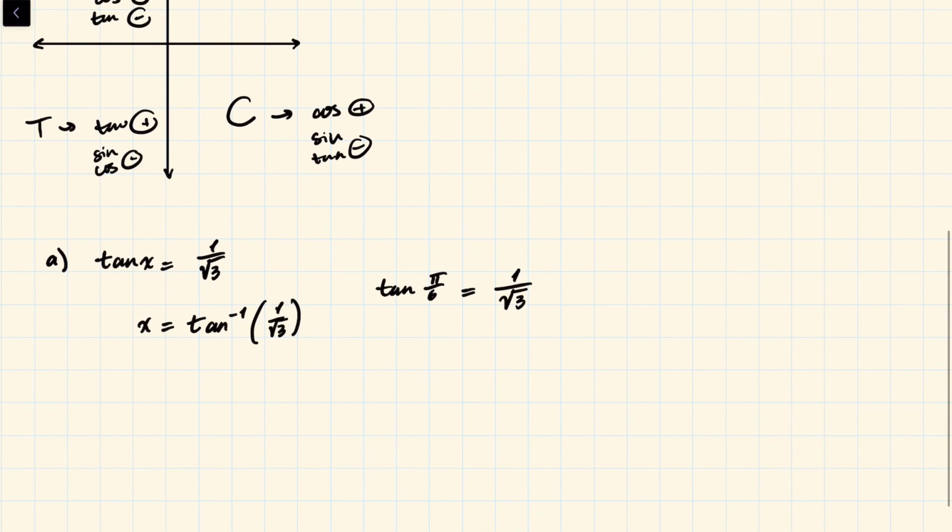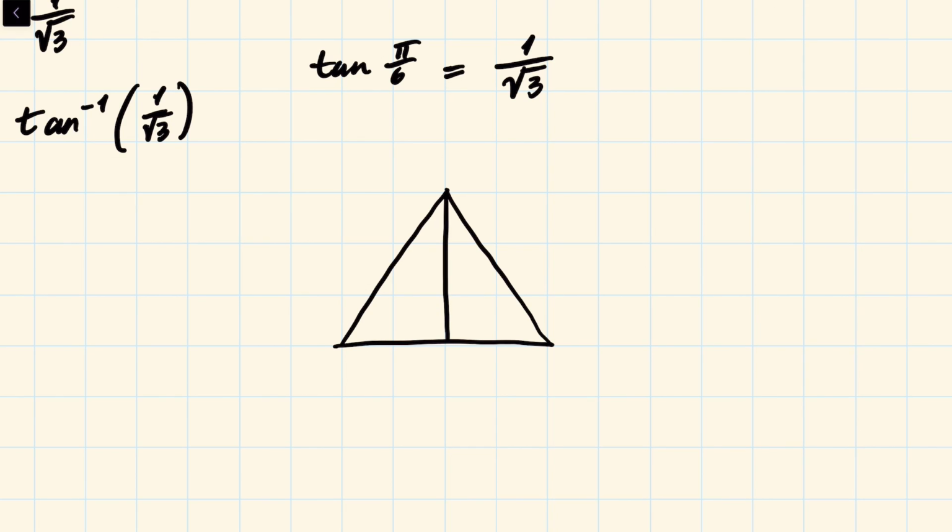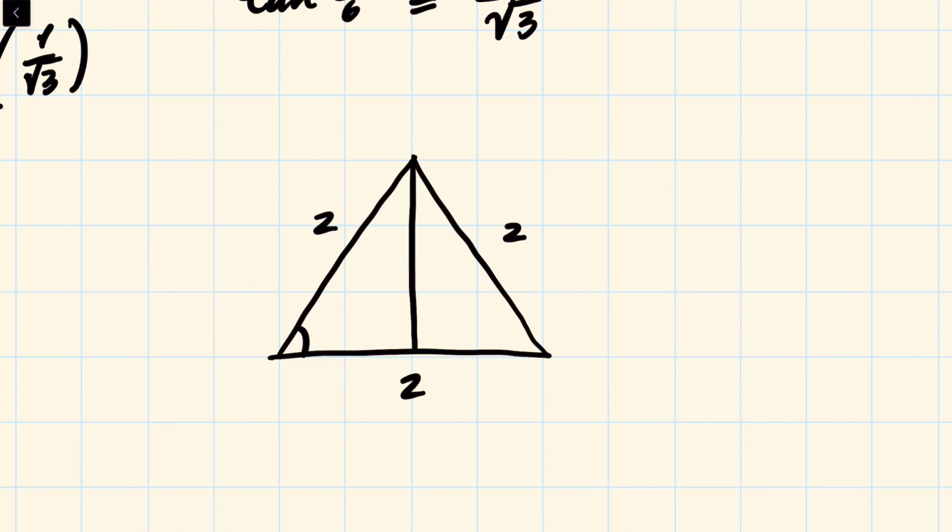And if you ever forget what the tangent of pi over 6 is, you can draw this triangle here. Okay, and so we have sides of 2 here.